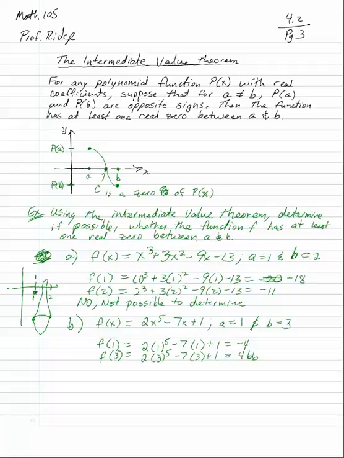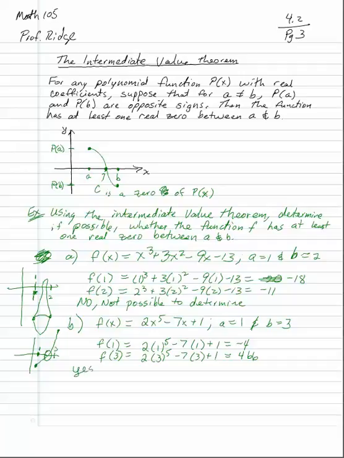So again, we have one that's positive, one that's negative. f of 1 is below the x-axis, and f of 3 is way above the x-axis. And again, to connect these dots, somewhere I have to cross the x-axis. Now, where, I don't know, but it's somewhere between 1 and 3.